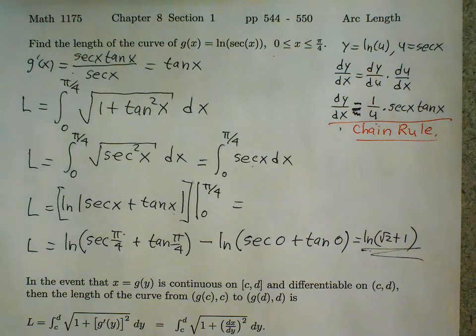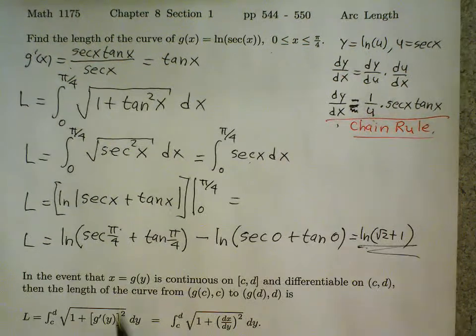Hey, there's 1 or 2 problems that I assign for practice where x is defined as a function of y, but don't let that fool you. So in the event that x equals g of y, if that's a continuous function for values of y between c and d and differentiable on the open interval from c to d, then the length of the curve from the points g of c, c to g of d, d is this formula.